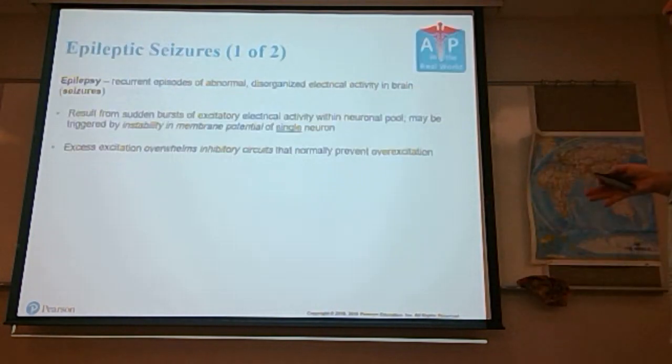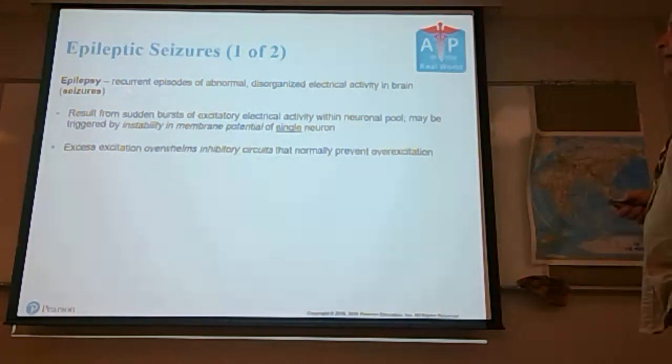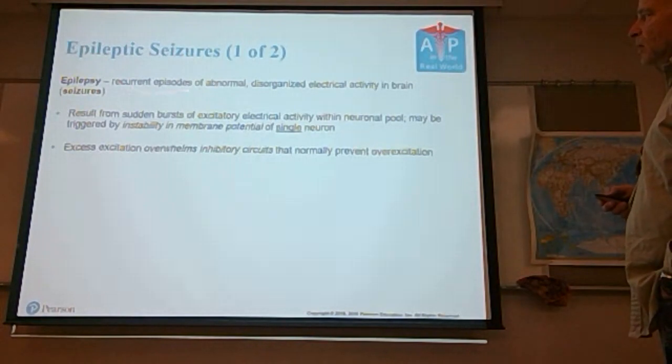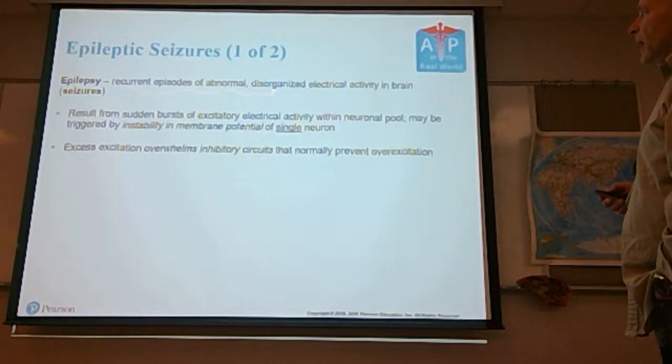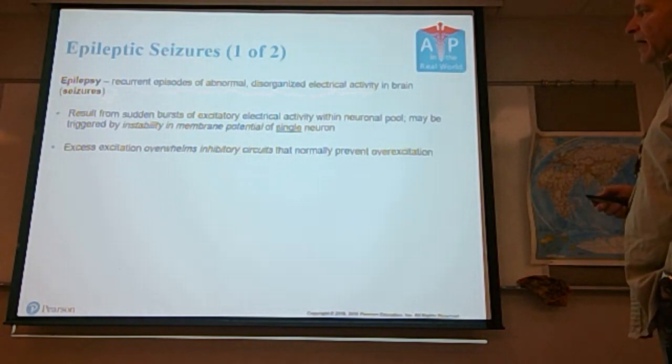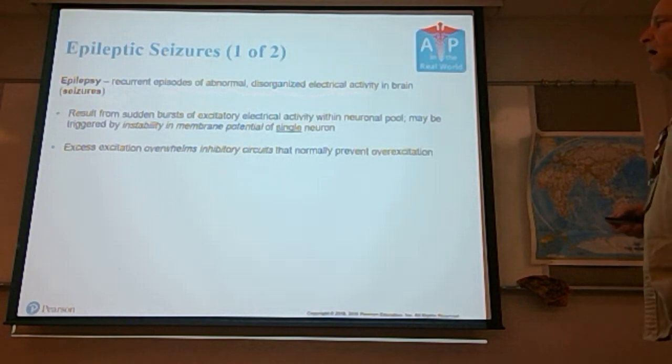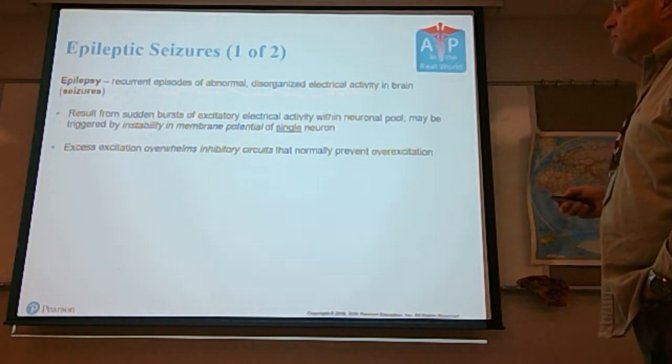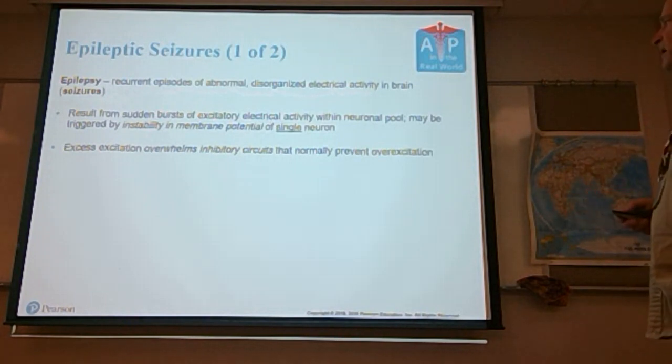A condition that plays a role in these electrical signals is epilepsy. Again, epilepsy is defined as recurrent episodes of abnormal, disorganized electrical activity in the brain. Those episodes are called seizures. They result from a sudden burst of excitatory electrical activity within a neuronal pool.